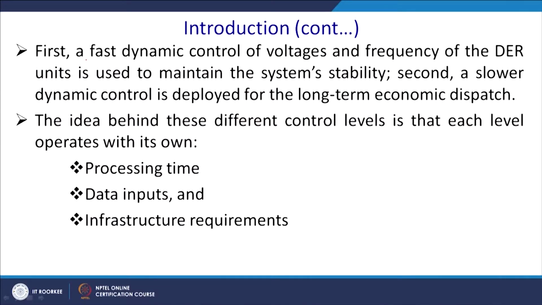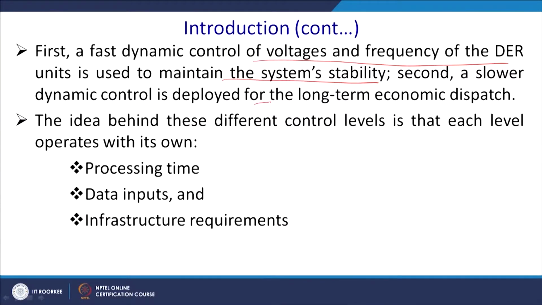First, fast dynamic control of voltage and frequency of the DER units is used to maintain the system stability. Distributed energy resources, which consist of the generations and the storage elements, will be used for maintaining the stability. The second, a slower dynamic control is deployed for the long term economic dispatch.